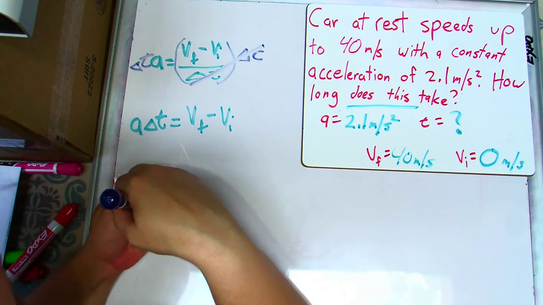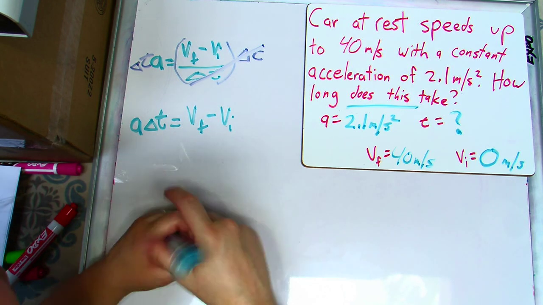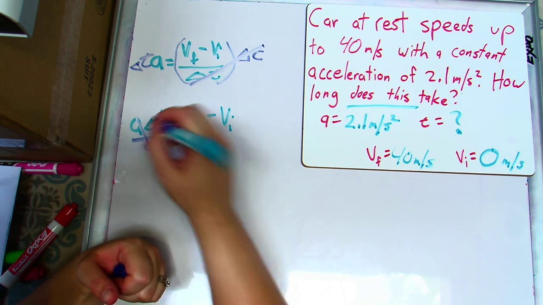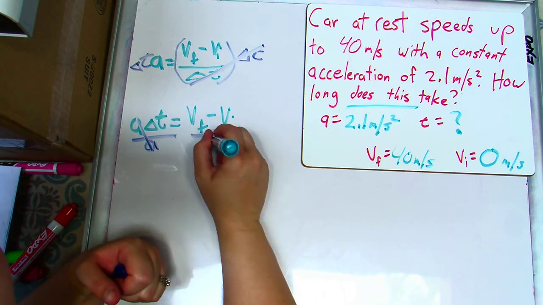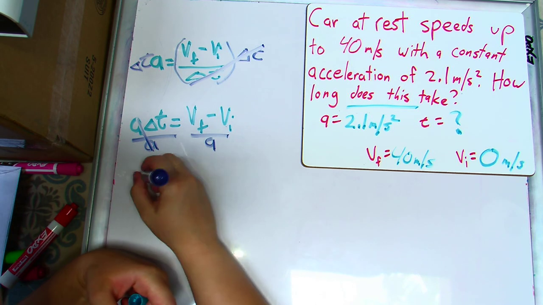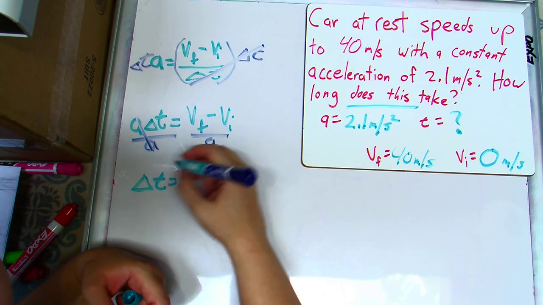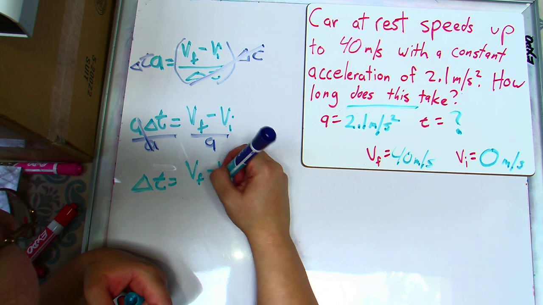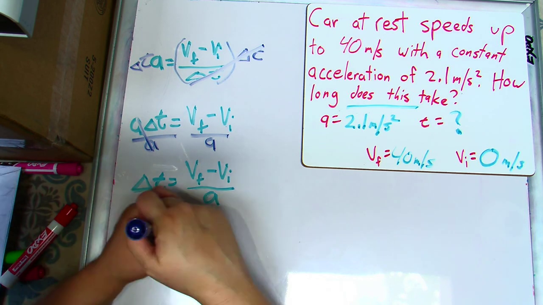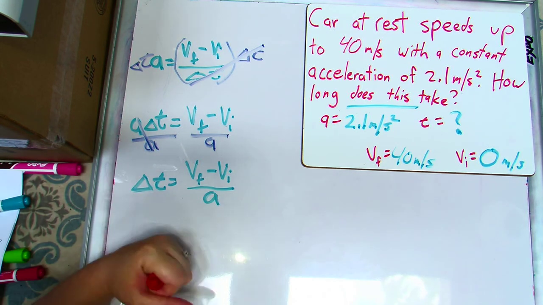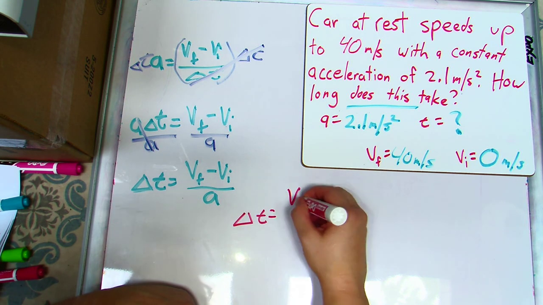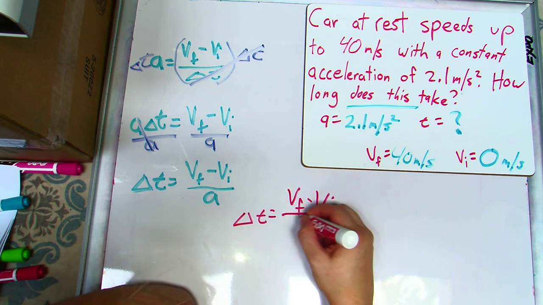All right, well now, we gotta get t by itself. So I'm gonna divide both sides by a. Now cancel it out on that side, and we are left with delta t equals vf minus vi over acceleration. We are now ready to go ahead and plug this in. So we have delta t equals vf minus vi over a.